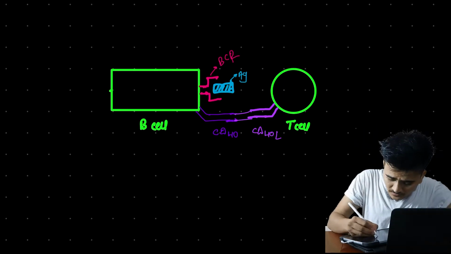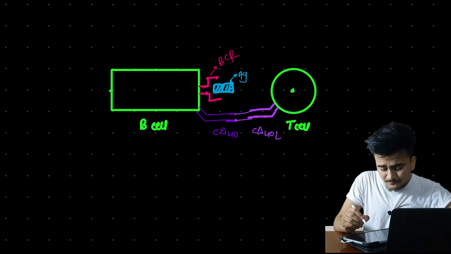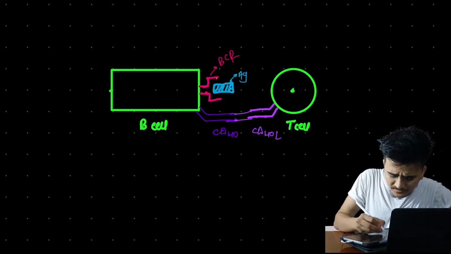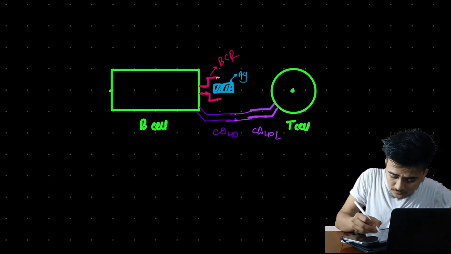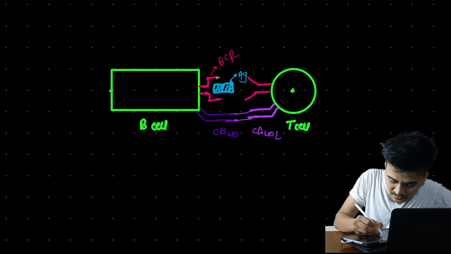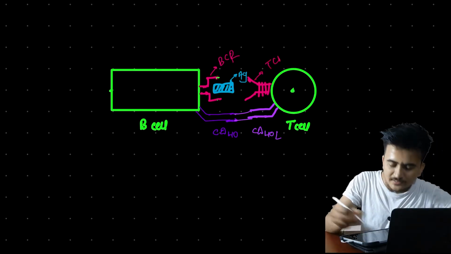Now another thing, let's draw the nucleus of the T cell. This antigen which was presented on the surface of B cell is now going to be presented on the surface of T cell with the help of a receptor, and this is the T cell receptor.